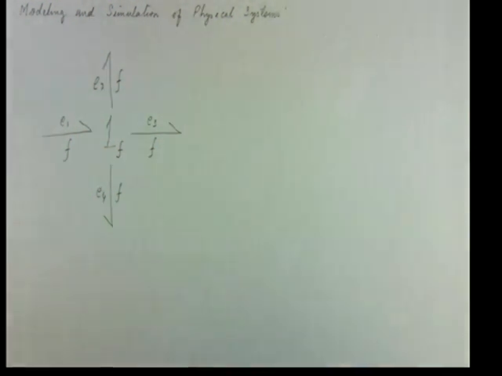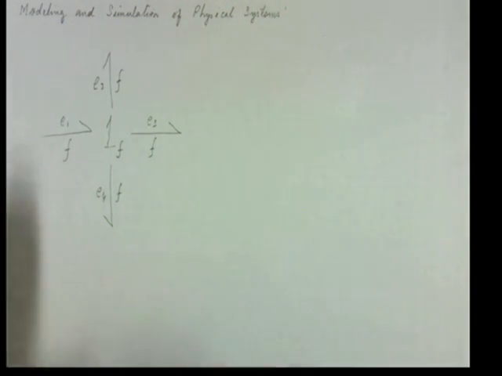The one junction as such is a power conserving junction. It does not create power or destroy power. In fact, it's just like an exchange. Whatever comes into it, it just goes out. It doesn't retain anything with itself.